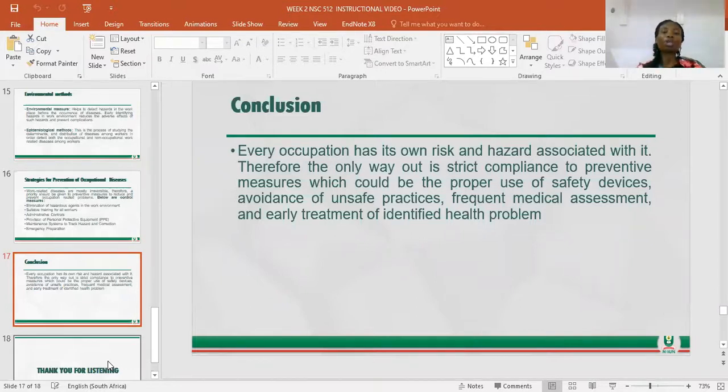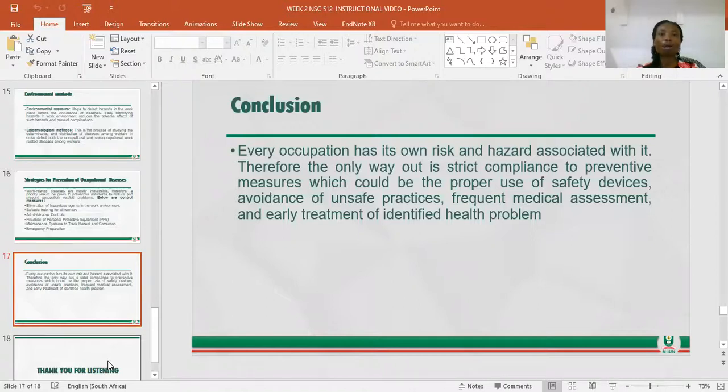And for that reason, the only way out is to stick to compliance, to comply with preventive measures, rules and regulations of the company, adhere to health education that is provided, report any risk or any stress that your job is giving to you, or any injury sustained, as well as avoidance of unsafe practices.